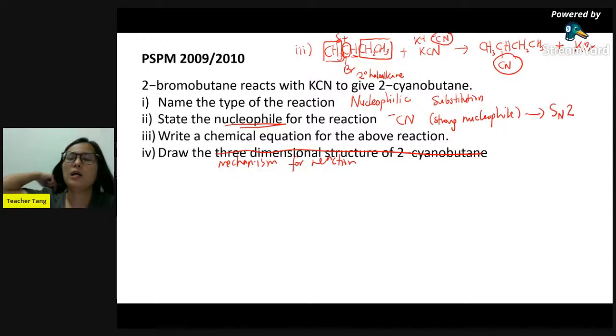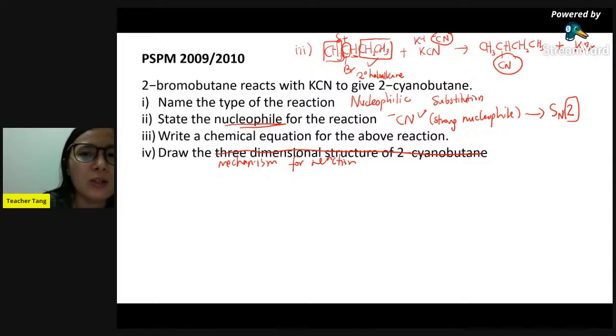So if SN2, how should we draw the reaction mechanism? Again, we need to have the nucleophile and also the haloalkane together. So how to draw the haloalkane? We need to draw it in 3D. So this is Br.